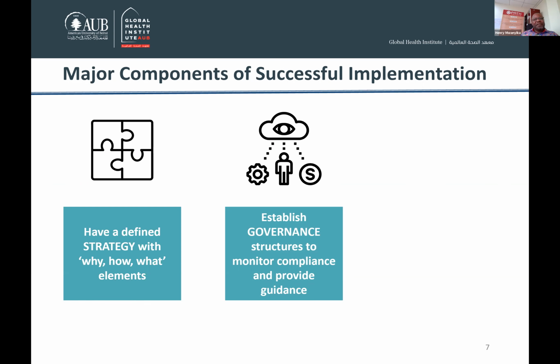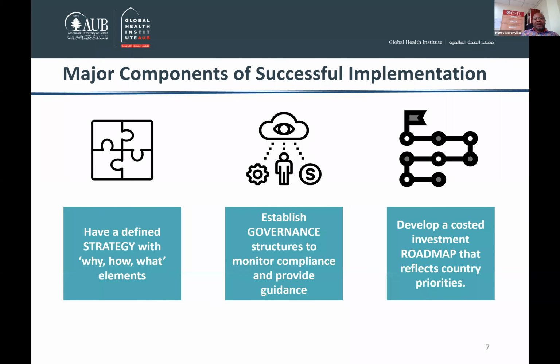So it is also a support function, not only monitoring for compliance. But we also need to develop a costed investment roadmap, because this is important as it gives us a plan on how we are going to implement our strategy based on our country or department priorities.